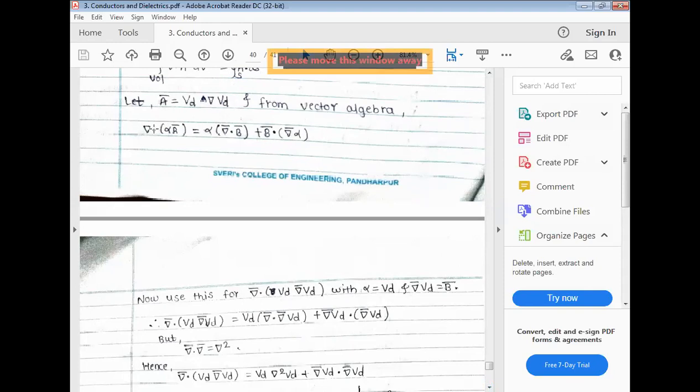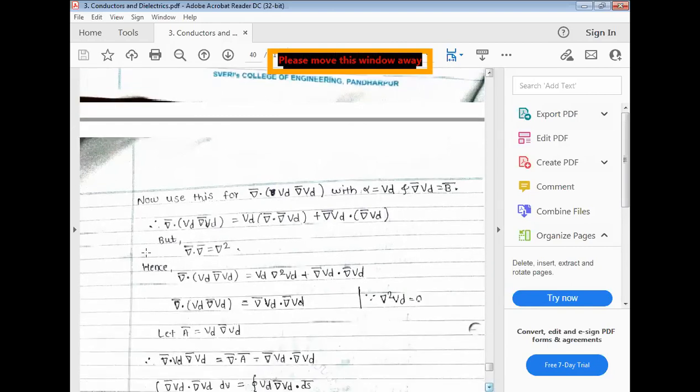So if you write this in this equation, concentrate here, del dot alpha B bar, alpha is Vd, B bar is del Vd, is equal to alpha, means Vd into bracket del dot B bar. So del dot B bar is del into Vd, plus this B bar is del Vd dot del into alpha, means del into alpha is Vd.